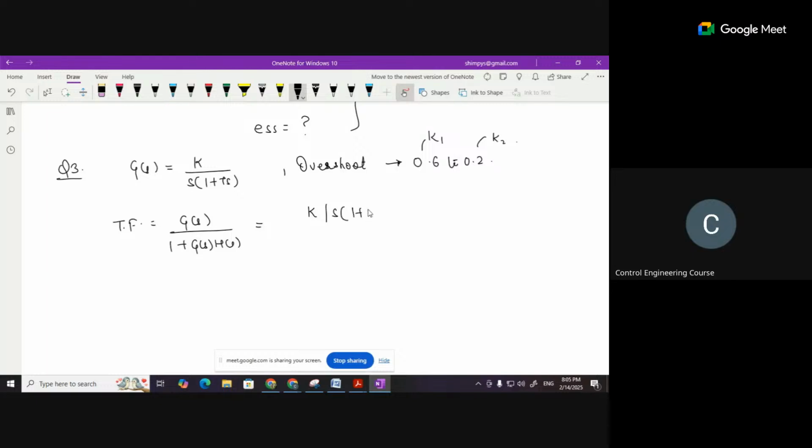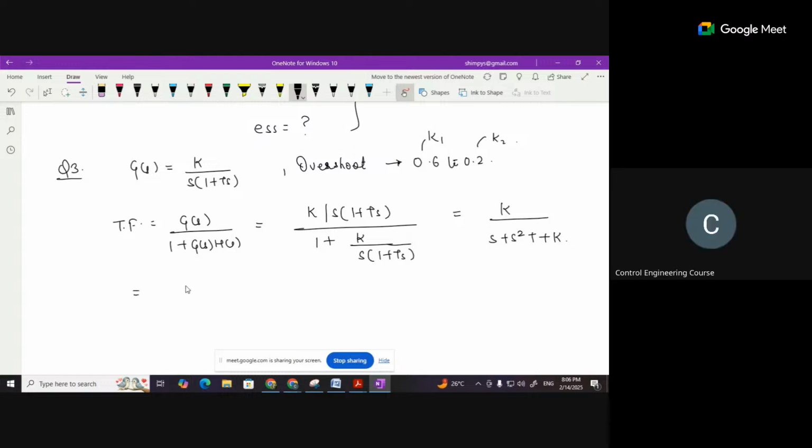K by s(1 plus Ts) divided by 1 plus K by s(1 plus Ts), right? So this will come out to be K divided by s plus s square T plus K, right?